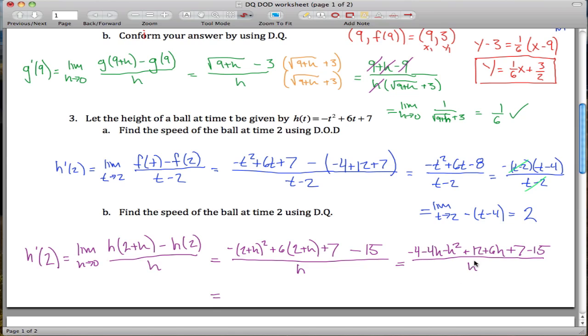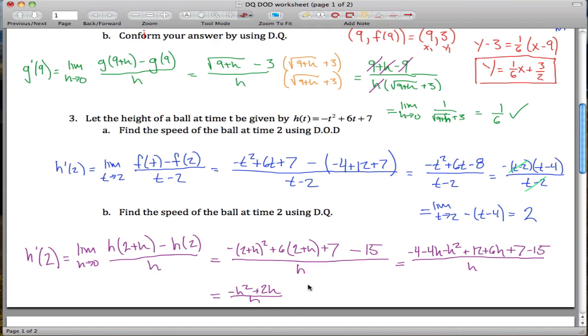And I know it looks really bad, but things should cancel out pretty nicely here. We have a negative h squared, minus 4h plus 6h, so that sounds like plus 2h. And then negative 4 plus 12 gives me positive 8, plus 7 gives me 15, minus 15 gives me 0.